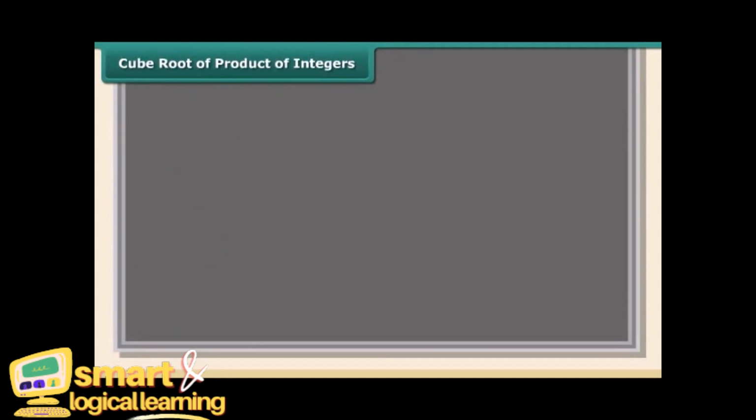Cube root of product of integers. Example: find the cube root of 64 × 125.